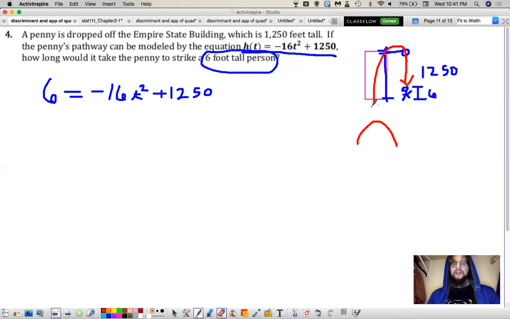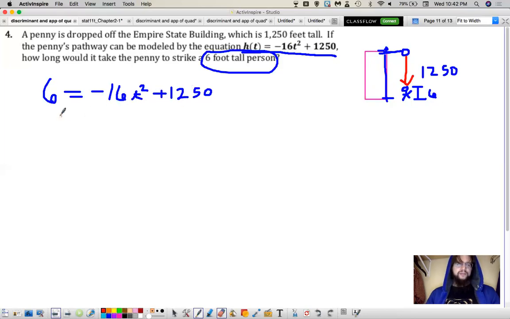So we're looking at this leg of the parabola right here. It's going straight down, but that is part of a parabola. So we can still model it with our quadratic. And yes, there's air resistance and stuff, so it's not perfect, but it's a really good estimate.